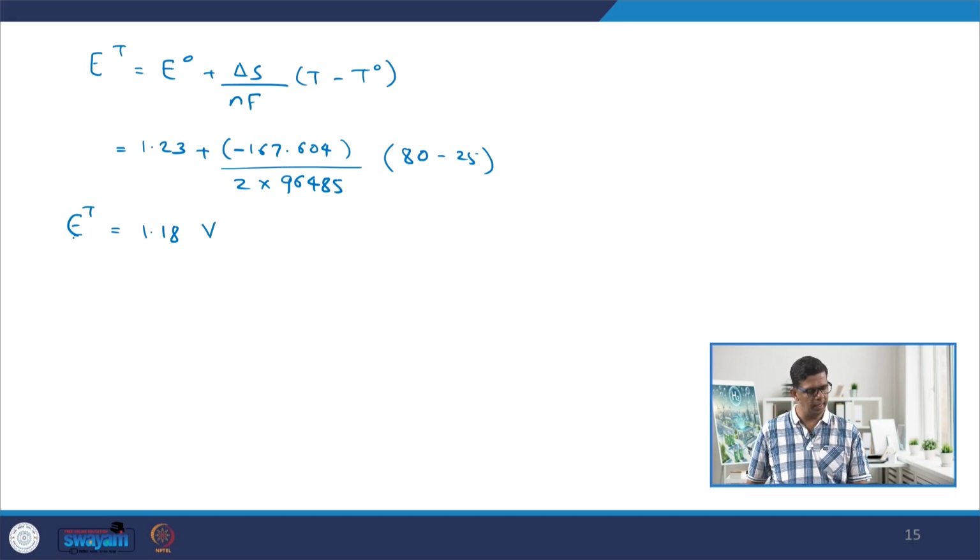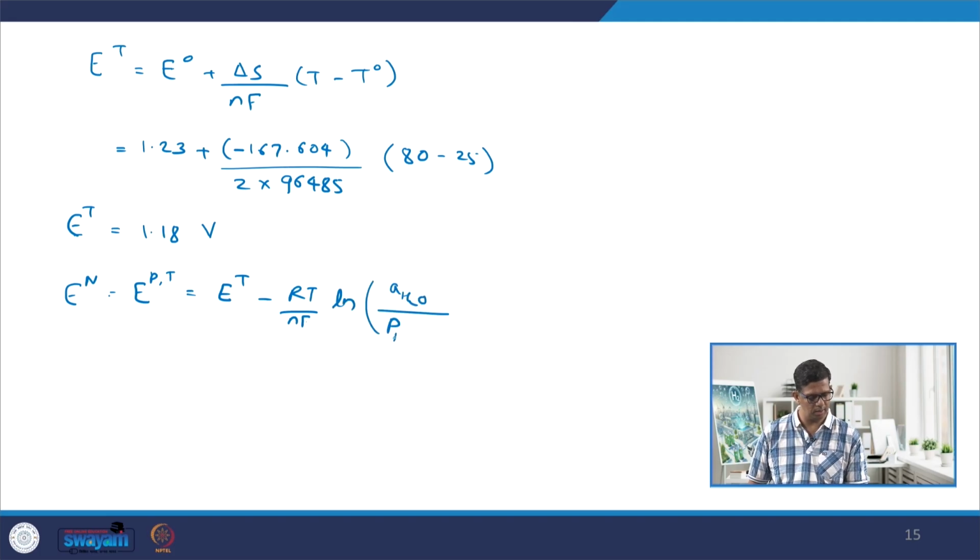Once we know the ET, let us move ahead and find out the Nernst potential at different operating temperature and pressure. So we know EN, which I can also term as the potential at a different pressure and temperature, is ET minus RT by NF ln of the activity of water divided by the partial pressure of hydrogen times the partial pressure of oxygen raised to half.